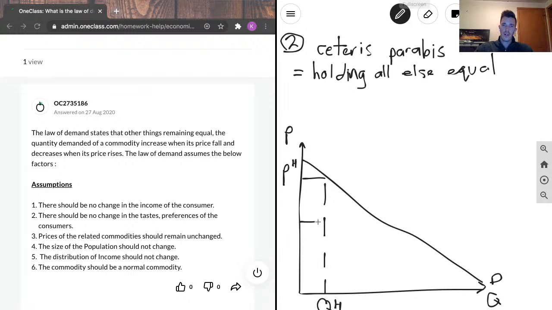When there is a medium price, medium may not be the best term here, but we'll run with it, a medium price, there is a medium quantity demanded, and when the price is low, there is going to be a large amount of quantity demanded.